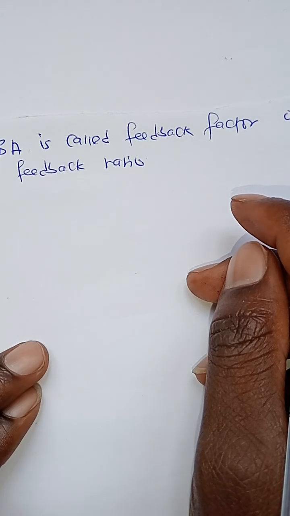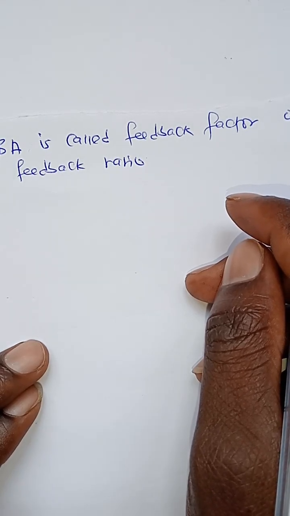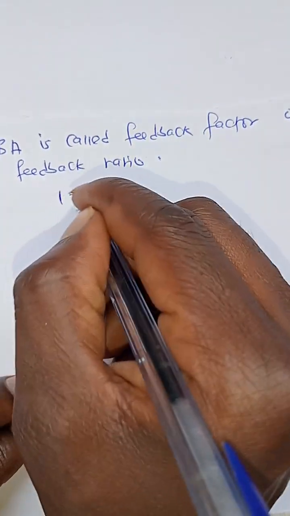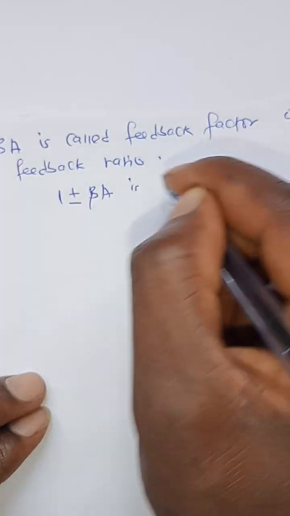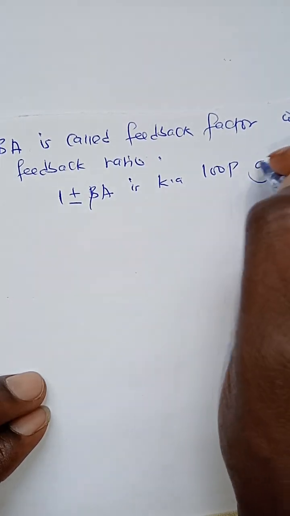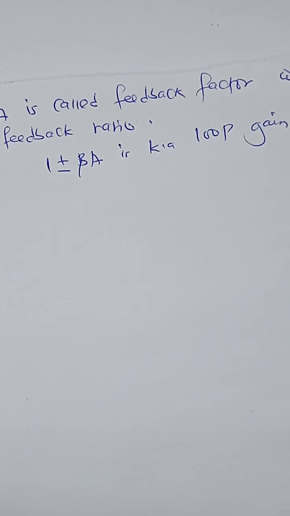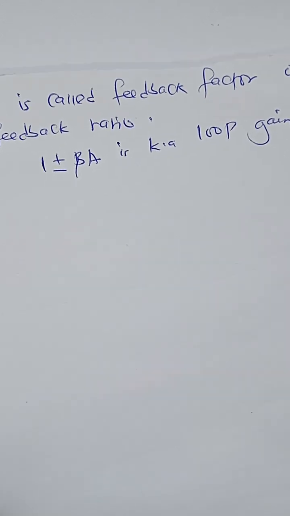The expression 1 plus or minus beta A is known as the loop gain, because we have either employed a positive feedback or a negative feedback to the amplifier.